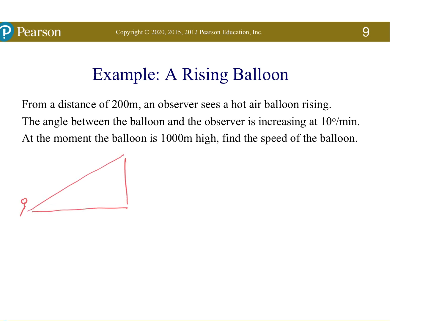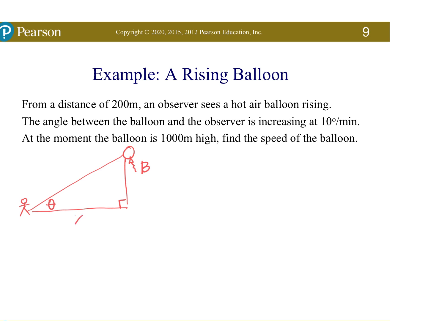You are watching the balloon. That forms a right angle, but they're talking about an angle this time. So we're going to put theta down by the person because you are looking at the balloon. And then I'll call B for the balloon maybe.